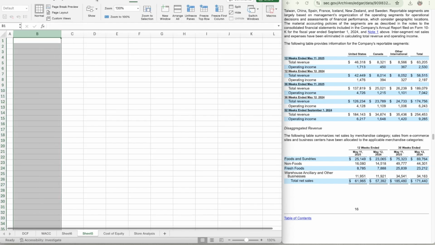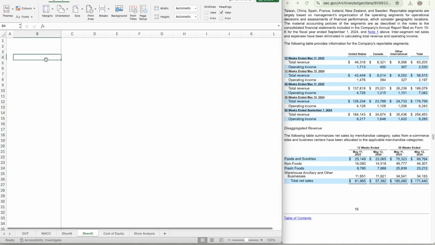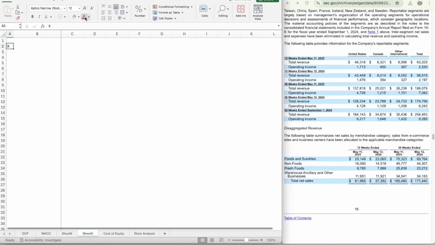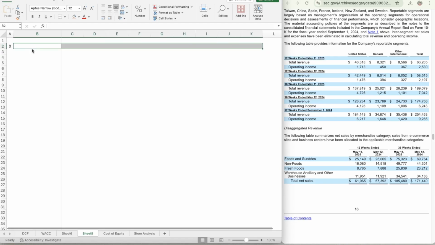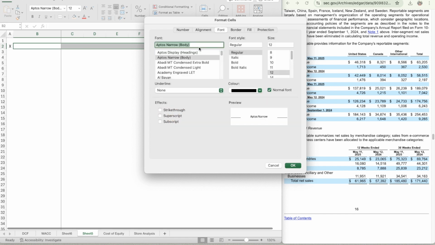There we go. We want to take off the grid lines, and we're going to do the cost of equity first. So let's just put an X there so we know it's the start of a section. And we take it to about there. Fill it with a blue font.